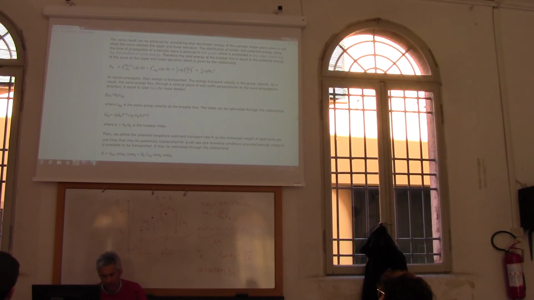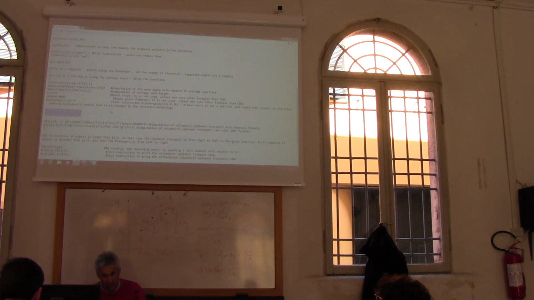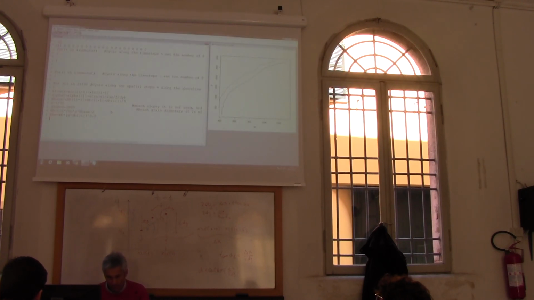Energy flux, and here, in order to compute the energy flux, you need the wave group velocity, and you need the depth of the sea bottom besides the wave height. What you see here in this web page is translated here into these instructions. Good.